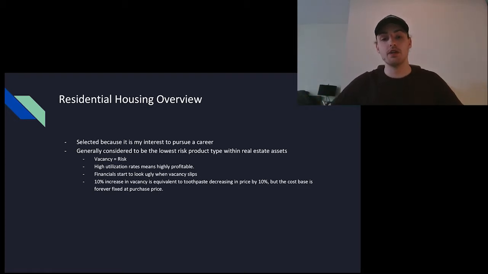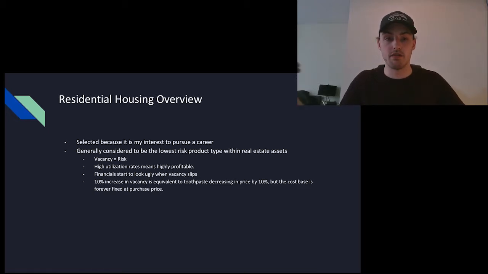All of a sudden, you have an asset where the rate of return is based on it being 98% full, or you realizing 98% of the potential top line income, but you're only getting, let's say, 90% of the top line income. When you're at full utilization rates, just like any capital asset, you will likely be making decent money.